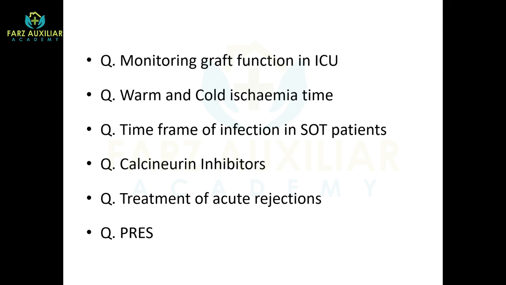Next is how will you monitor graft function in your ICU? When we are talking about graft function, there are multiple grafts like kidney, liver, lung, heart. This question is mainly asked for liver and kidney. For kidney, there are multiple markers of tubular injury.